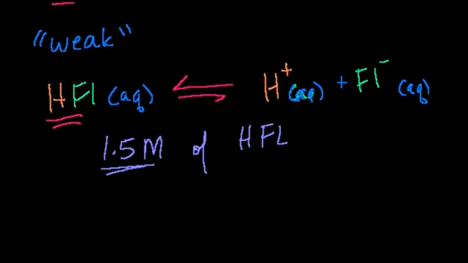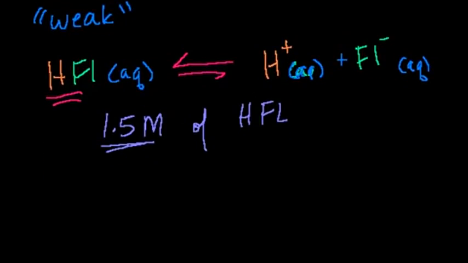Now, you could look it up, but actually, I'll just write it. Every equilibrium reaction has some equilibrium constant. So the equilibrium constant for this reaction, I'll do it in green. Since this is an acidic reaction, it's an acid constant, Ka, for hydrofluoric acid.